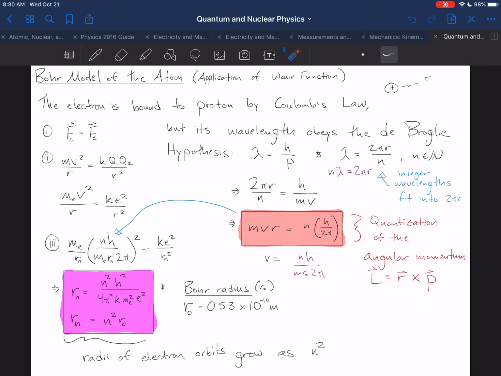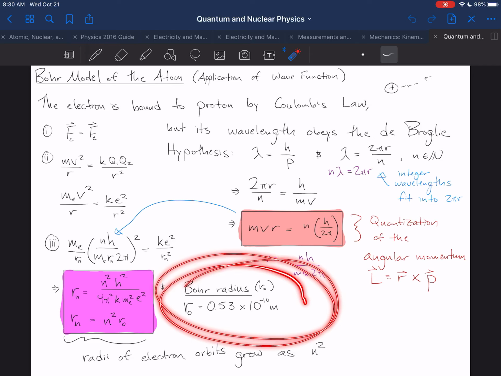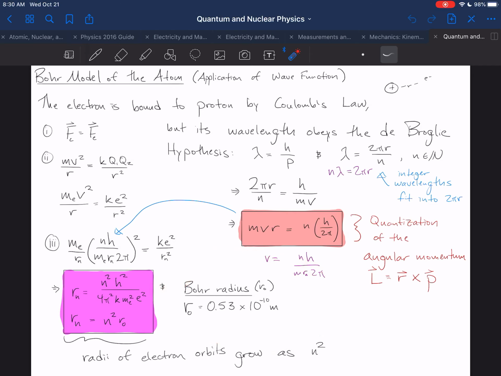But most importantly, what's interesting about this is that this mess of constants right here, R0, is the Bohr radius, which we've actually seen before in this course. This is the ground state electron radius that's used as the radius of the hydrogen atom. So when in topic 7 you were required to memorize, or at least ballpark, the radius of the atom as roughly 10 to the negative 10 meters, that's really in reference to this particular constant.